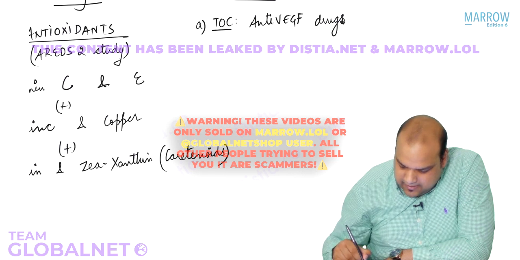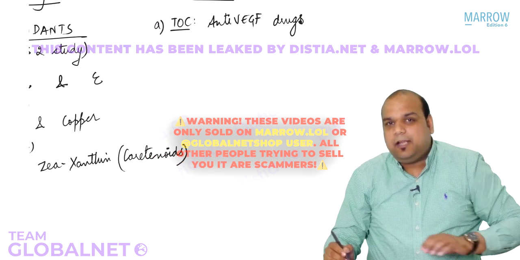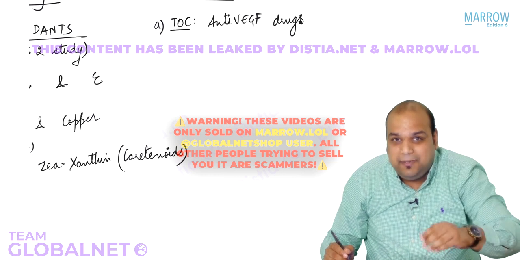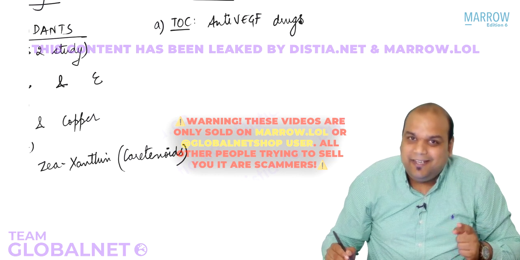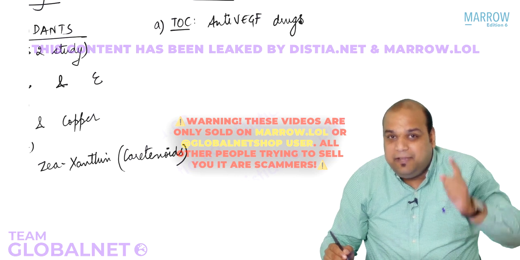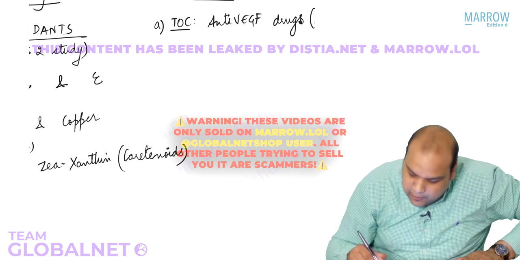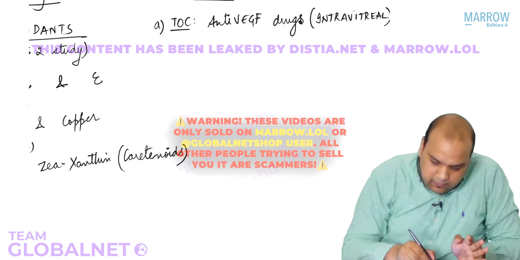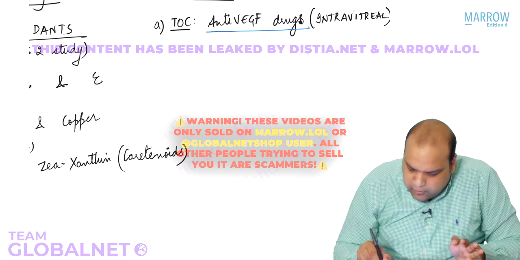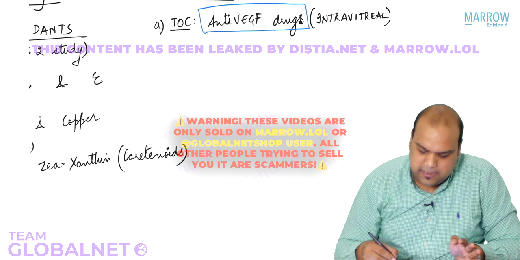Anti-VEGF drugs. Where should anti-VEGF drugs be given, or how should they be given? Oral, intravitreal, topical? I have again and again said when the problem is in the retina, the drugs need to be given intravitreally. So, intravitreal injection of anti-VEGF drugs needs to be given. Now, if you know your pharmacology, you should already know the names. If not, then I'm just mentioning the names here.